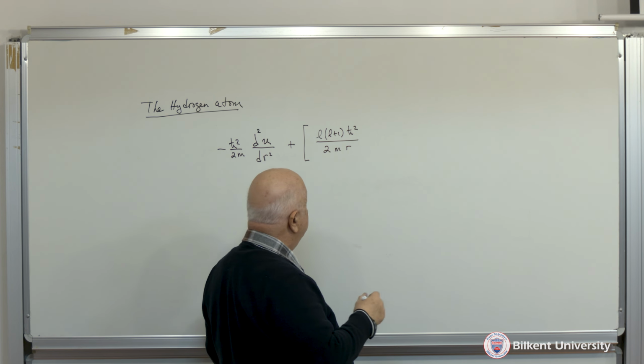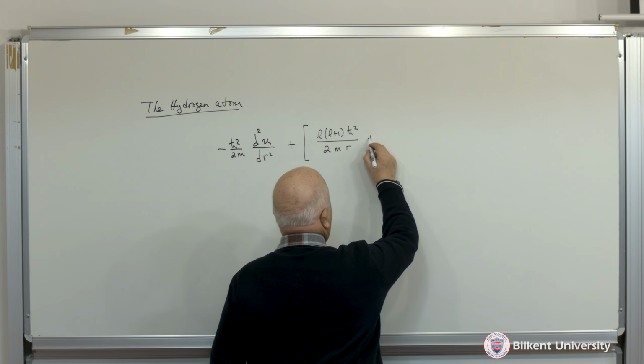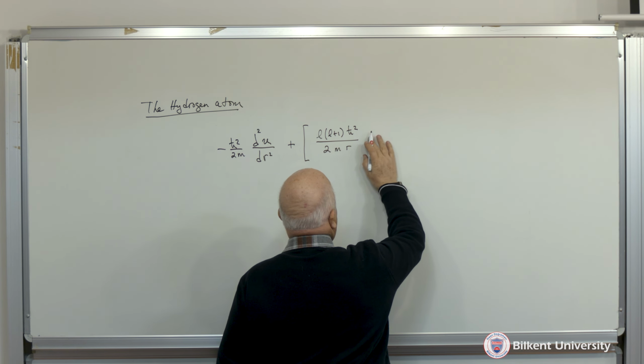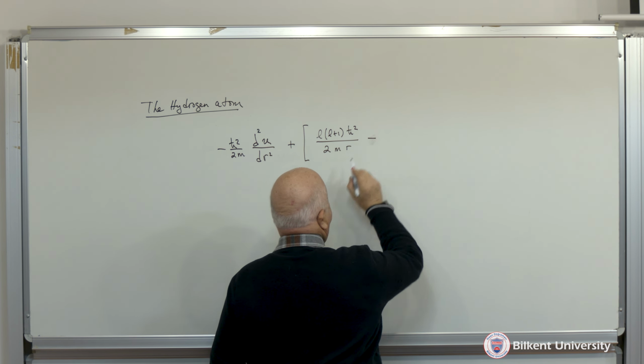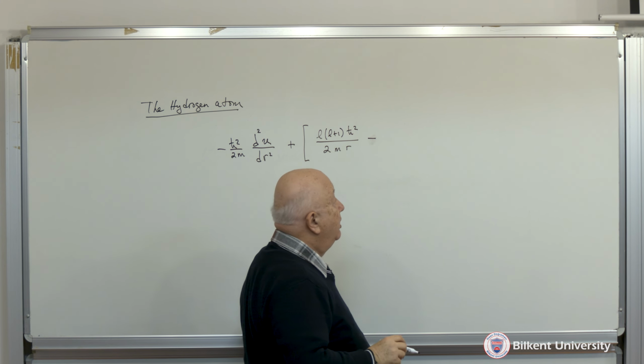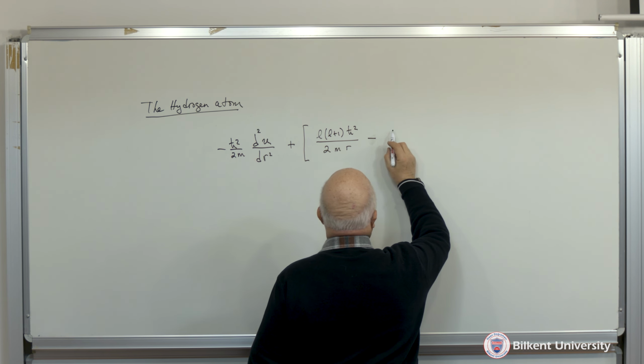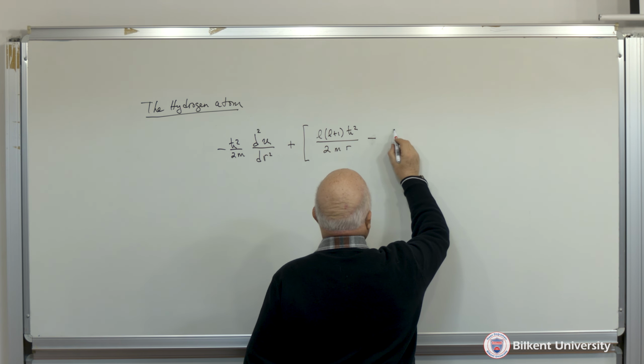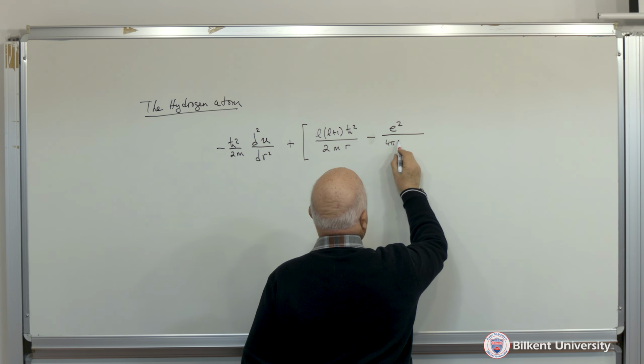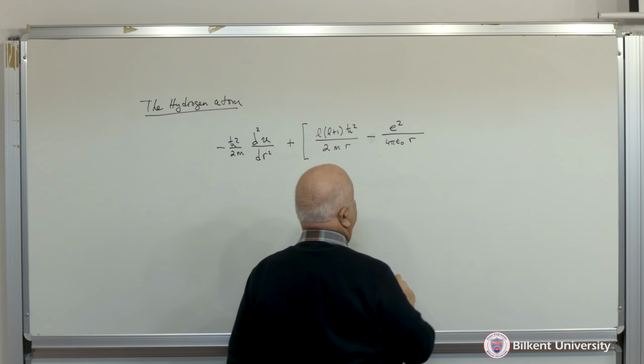And then the term which really defines the model is the Coulomb interaction. It's attractive, so minus sign, and I'm going to get here e squared over 4 pi epsilon 0 r.